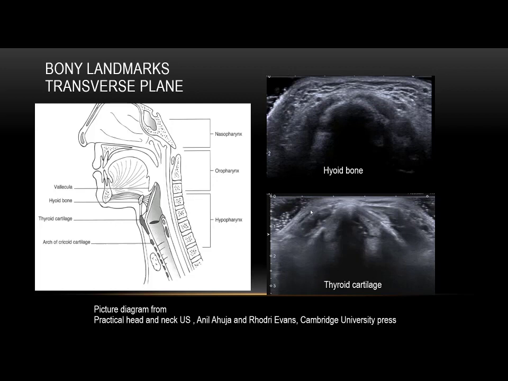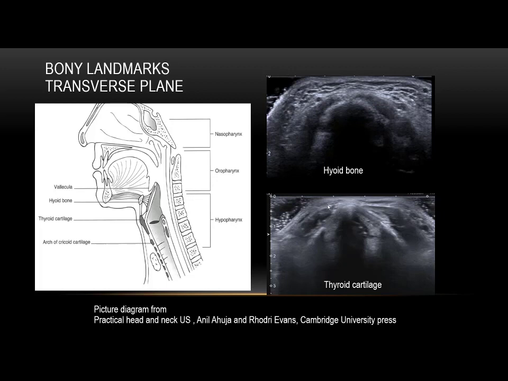When we scan, we have to eliminate the air gap by putting a lot of gel to fill it, so we can visualize it well. Inside, there's a triangular-shaped cartilage which is echogenic, but mostly doesn't have a shadow.